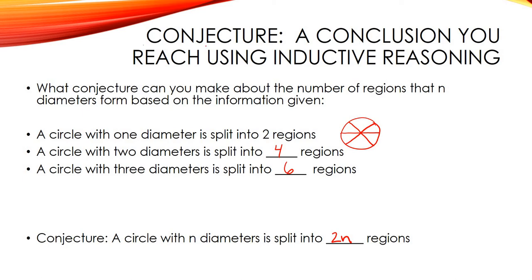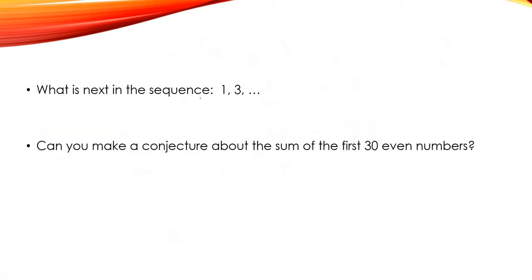Now, one of the problems with making a conjecture is that sometimes we jump to our conclusion too quickly. So, what is the next in this sequence? Put the sequence down and write down the next value that you would put in this sequence. Some of you may have put 9: 1 times 3 is 3, 3 times 3 is 9, 9 times 3 would be 27.